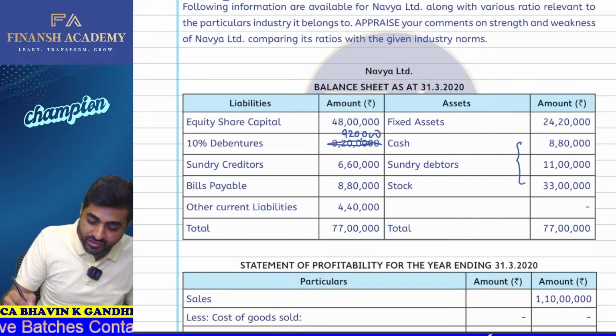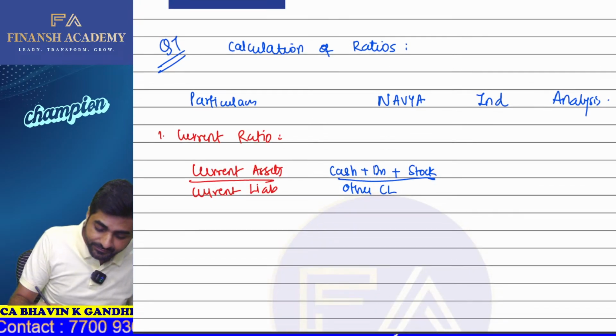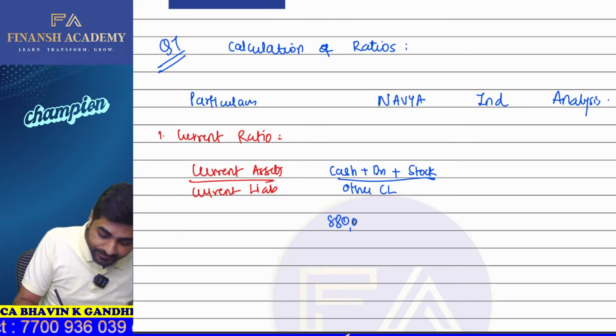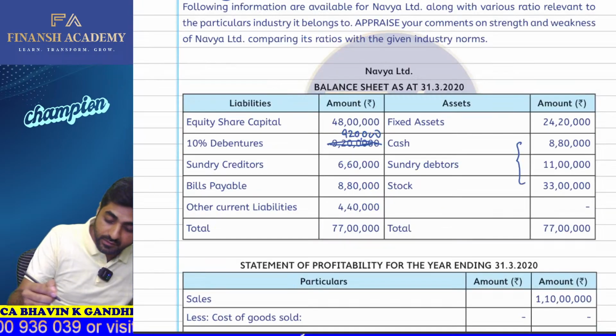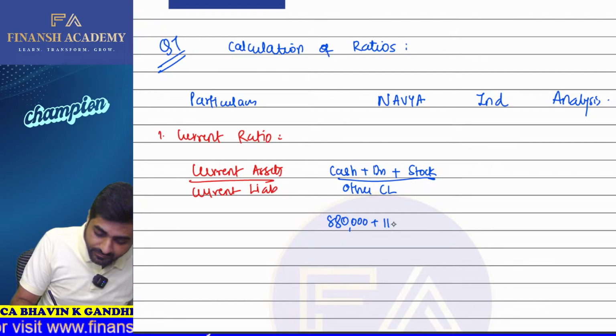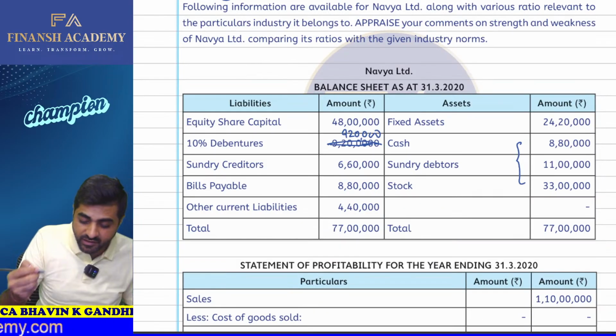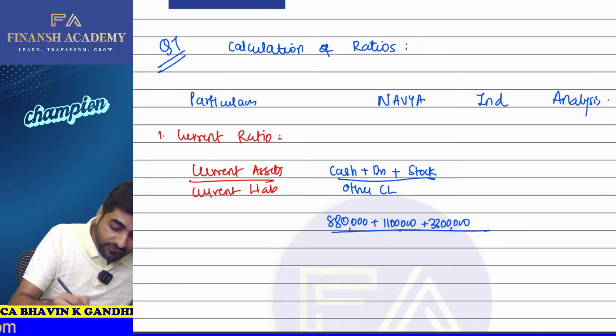So what is your cash? 8 lakh 80, 11 lakhs, and 33 lakhs. And this, my dear students, will be divided by what? Current liabilities. So what are the other current liabilities which we have? 4 lakh 40.